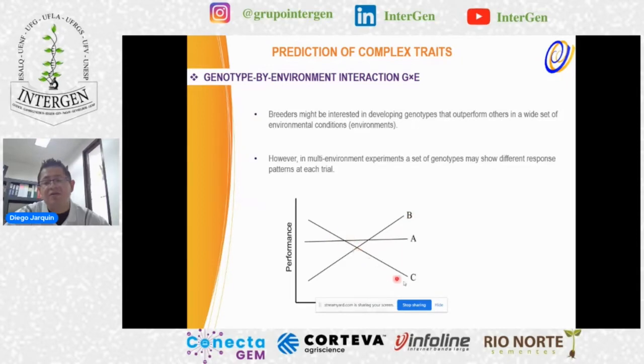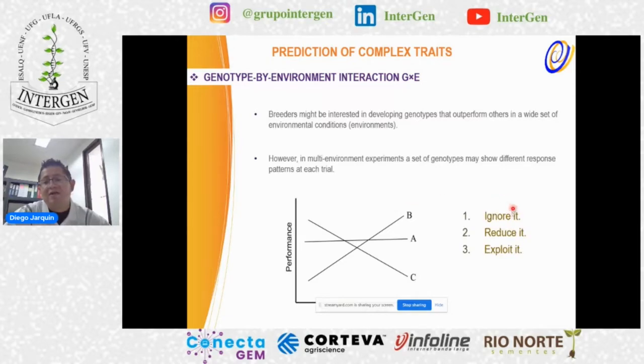The opposite holds for genotype C, and genotype A is constant. If the breeder wants to select the best genotype across the environmental conditions, they won't be able to find the best one in this case. Let's face it, breeders deal with thousands of genotypes tested in multiple environments, not just 2. So in those cases, this problem becomes even more difficult.